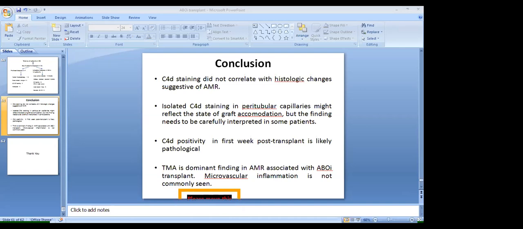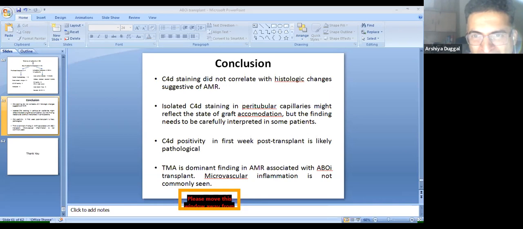Okay, fine. So the thing is, ABO incompatible. I remember a majority of these cases are from when I was with Dr. Vijay K's team. This was early, when we started doing ABO-incompatible transplants. This was our initial experience.